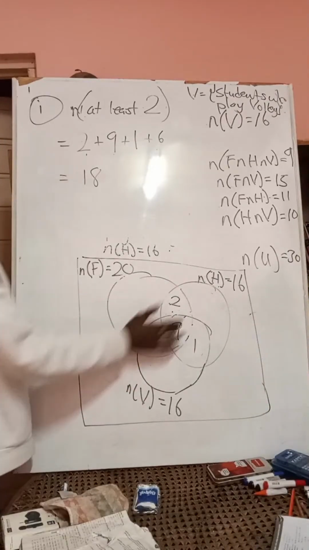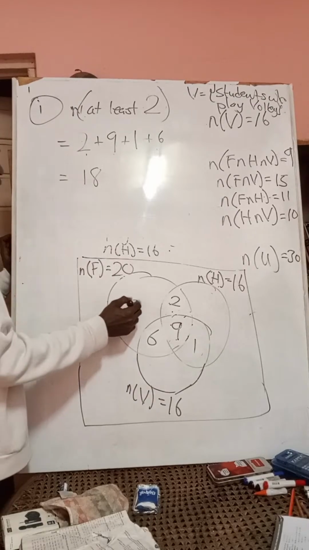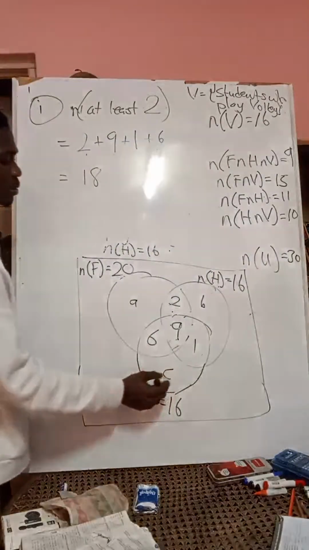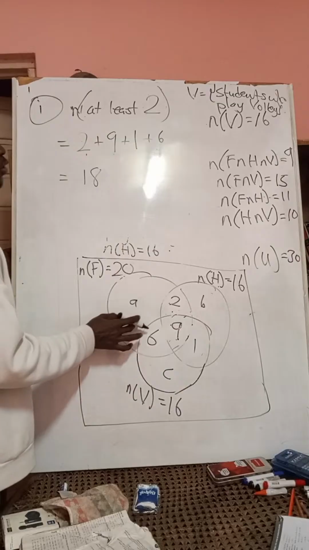You can use a variable to represent it, so you can use A, B, and C to represent here. Note that whenever you introduce a variable here, you should show it here.